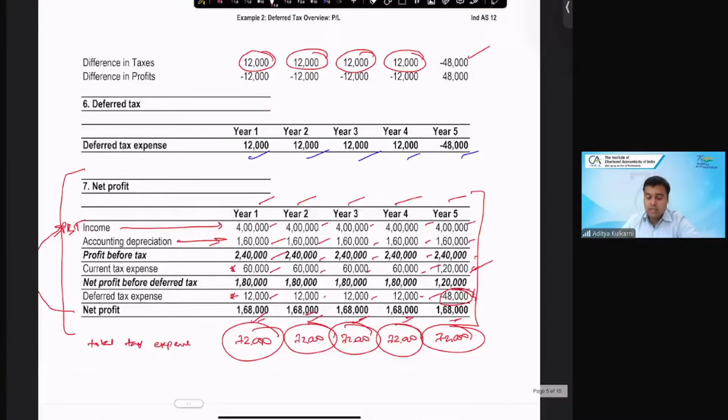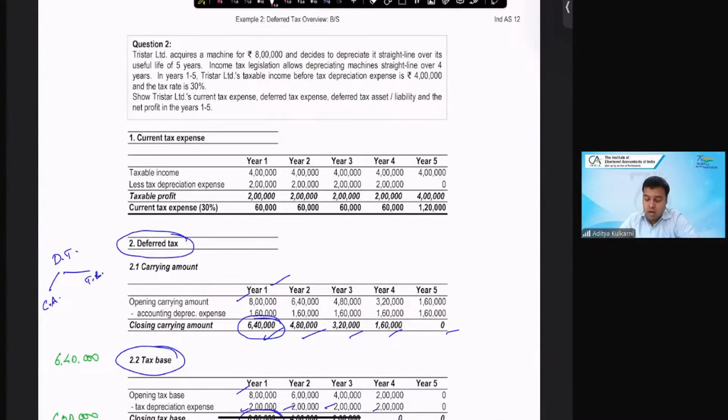But now what the standard tells is, you cannot take the P&L approach. You have to adopt something known as the balance sheet approach. So what is the balance sheet approach?